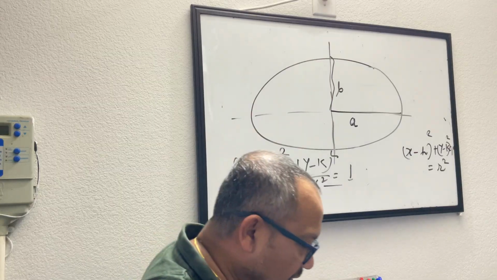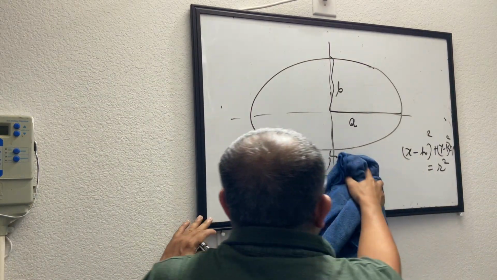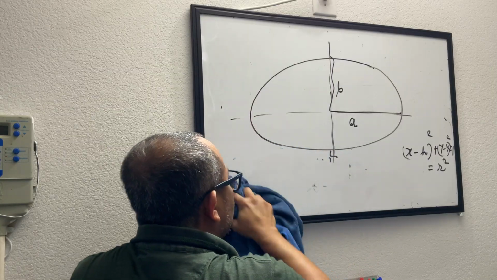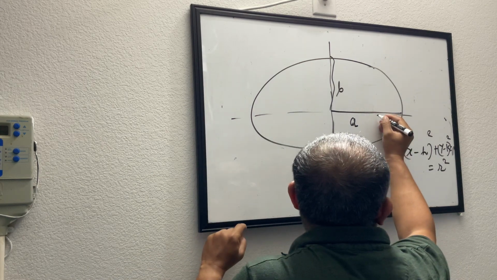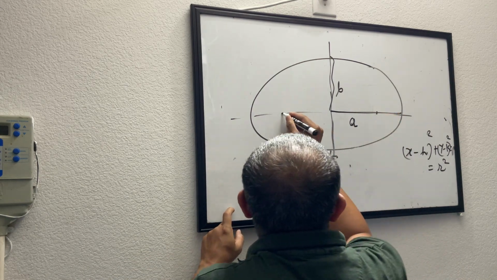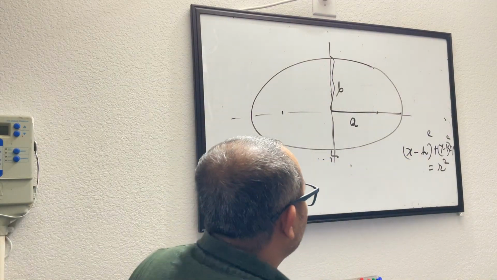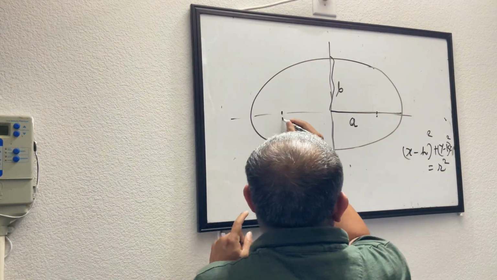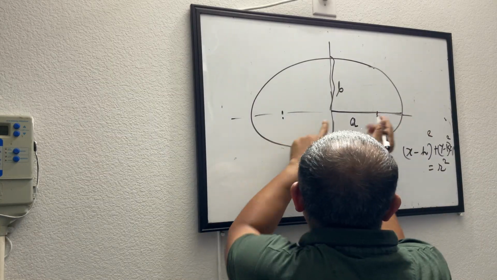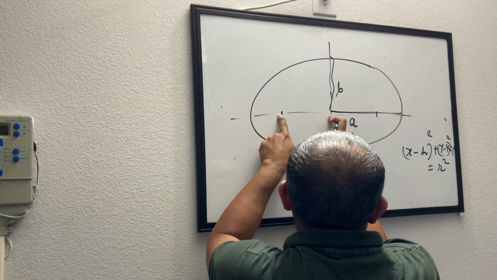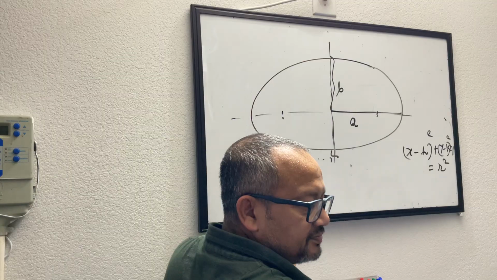And then we looked at one concept called foci, which is one of the properties of an ellipse. Foci are 2 points along the major radius, where this point and this point are equidistant from the center. Obviously, if this distance and this distance are the same, the other two distances will also be the same because the whole thing is symmetric, correct?